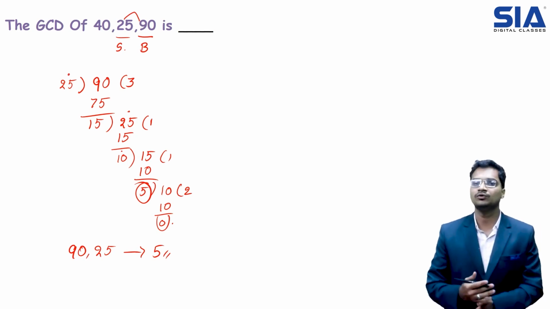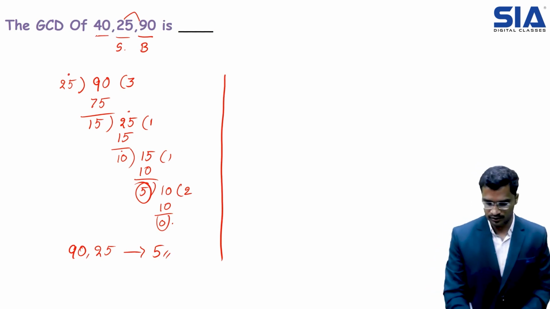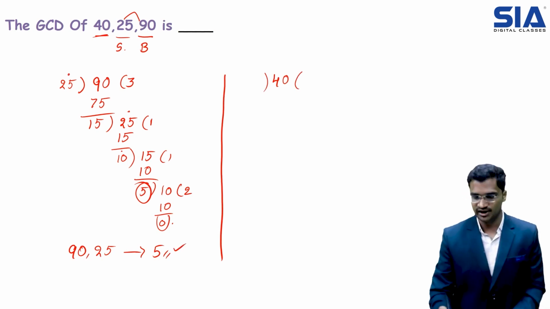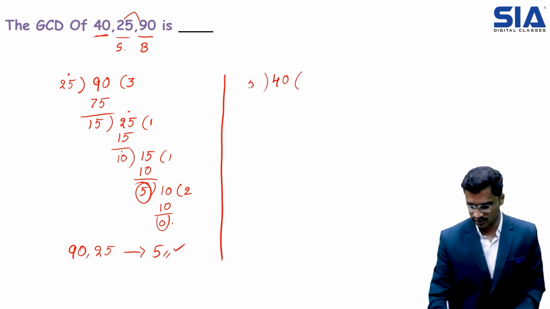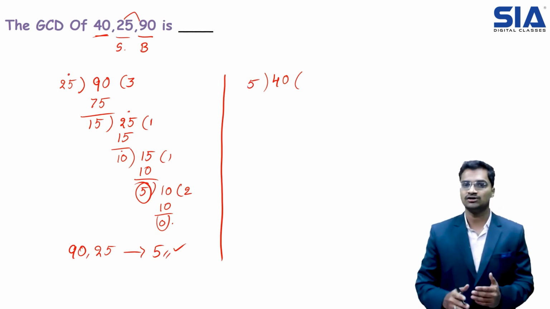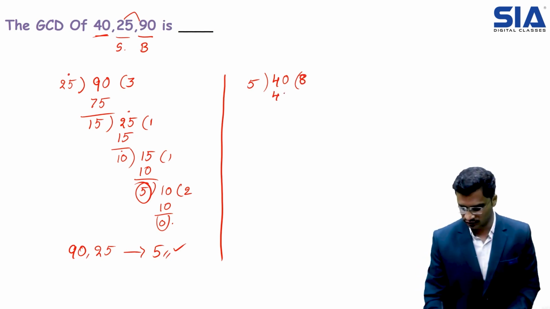Now what we have to do is apply this division to the number 40. 40 is to be divided by 5, the answer I got. If I get the remainder 0, then it is also the HCF of 40. So 5 8s are 40.